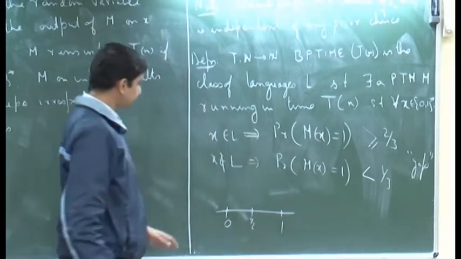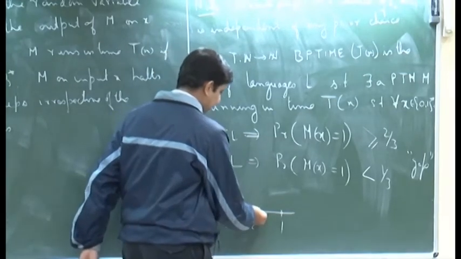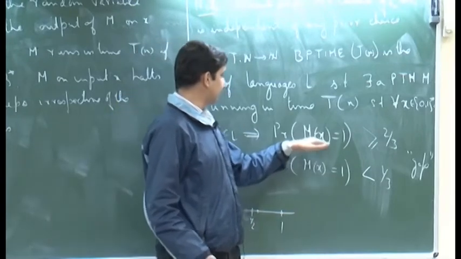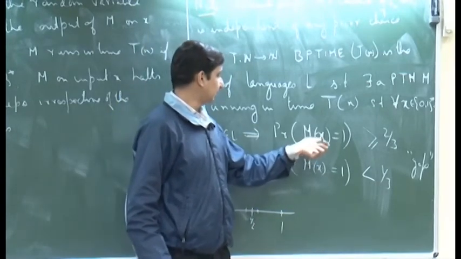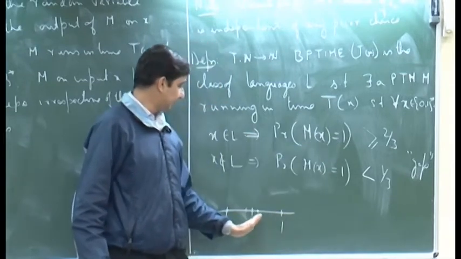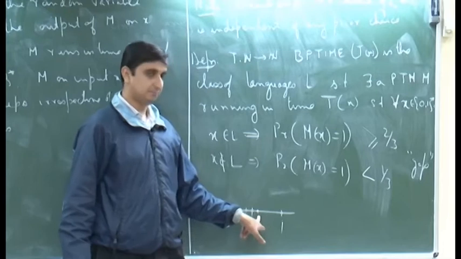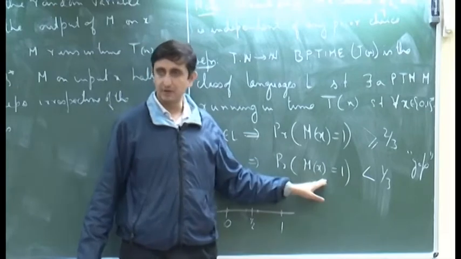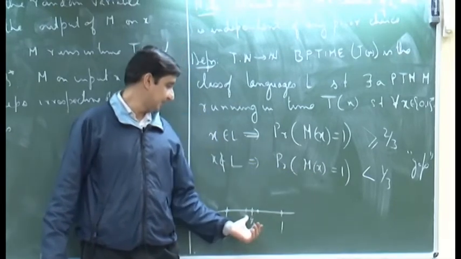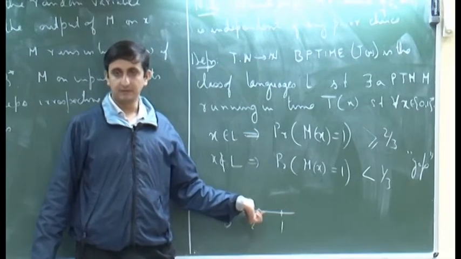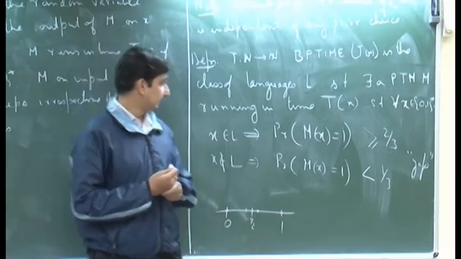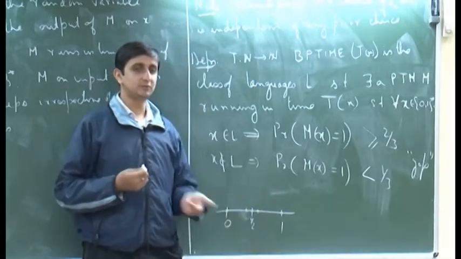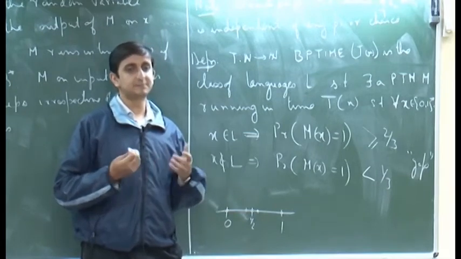Now we choose some constant that is bounded away from half, and then we say that if x belongs to the language, then that machine on that input should output 1 with probability greater than whatever constant this is, and if it does not belong to the language, then the probability should be less than this constant. And as we shall see, not only can we choose any constant that is greater than half, actually we can choose any polynomial that is bounded away from half.